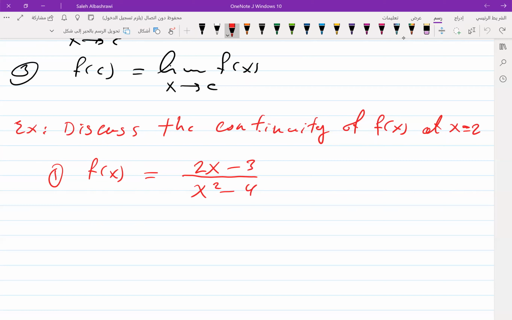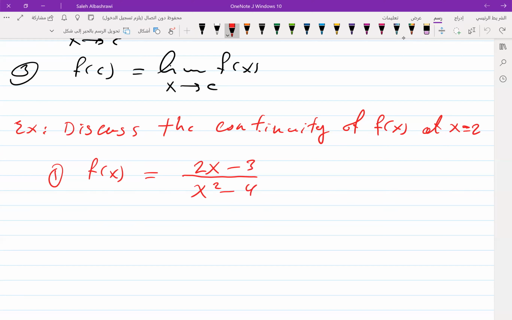I need to check whether this function is continuous at x equal to 2 or not. It means I need to check the three conditions. Are they satisfied at x equal to 2 or not? If one of the three conditions is not satisfied, it means the function is not continuous.